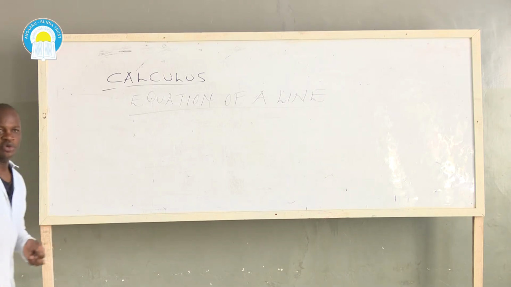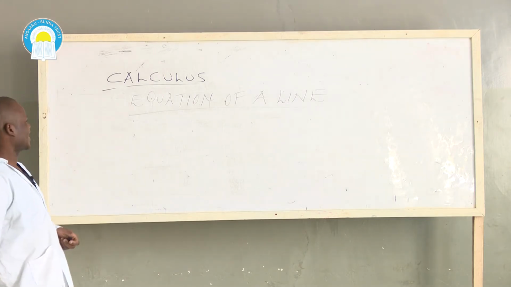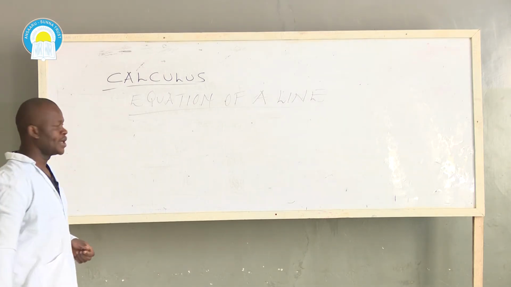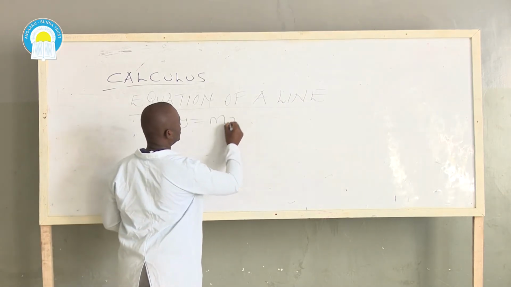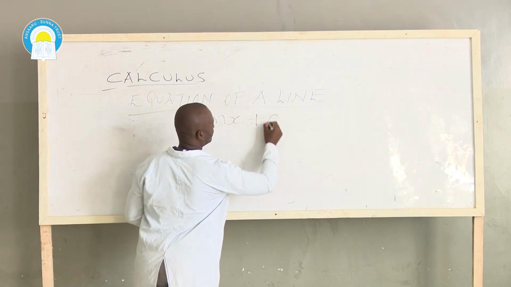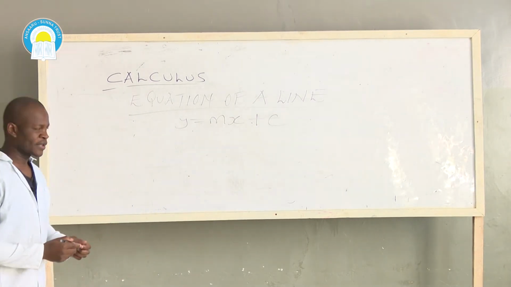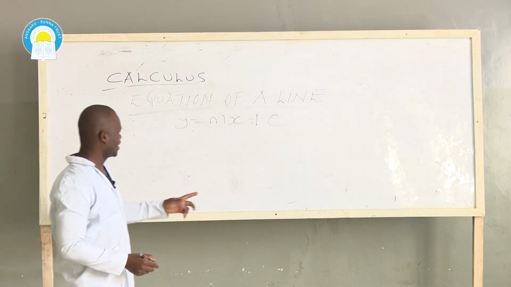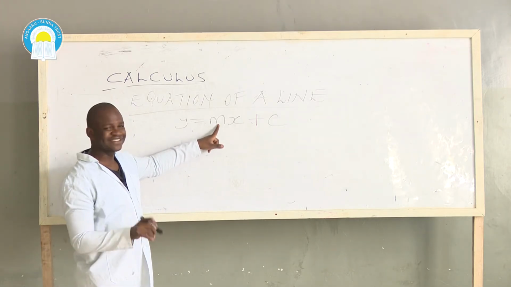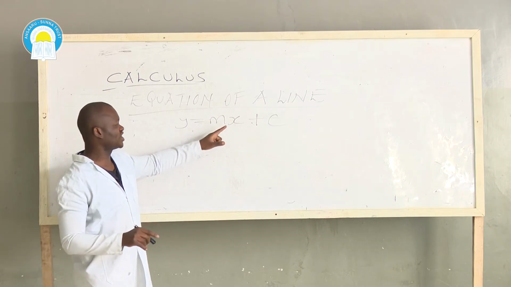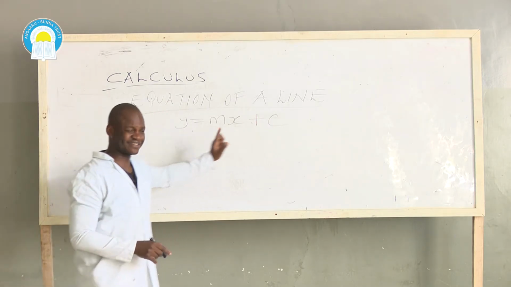Okay, now the equation of a straight line takes the general form of y is equal to mx plus c, where, if you're very keen, you are taught that m is the gradient and c is the y-intercept.